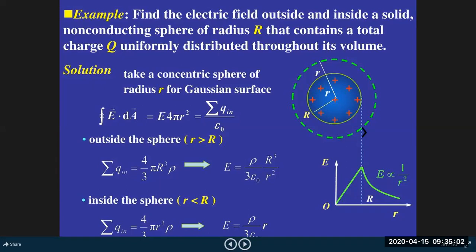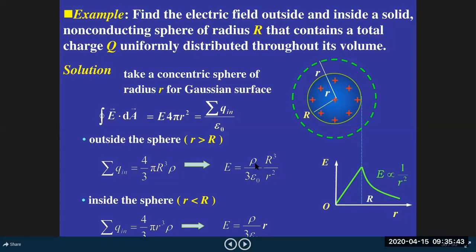How much charge is enclosed by this sphere? If the volumetric charge density on this sphere is rho, and the volume of this sphere is 4 upon 3 pi r cube, then the total charge contained on this sphere is equal to the volume of this sphere into the volumetric charge density, and this is nothing but equal to capital Q. Putting this value here, you see that the electric field equals rho r cube upon 3 epsilon naught r square.